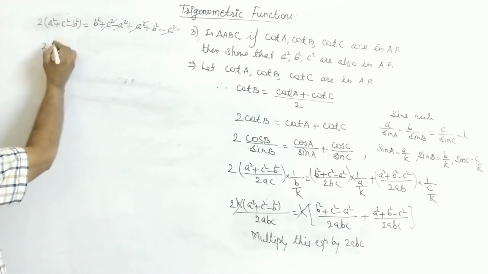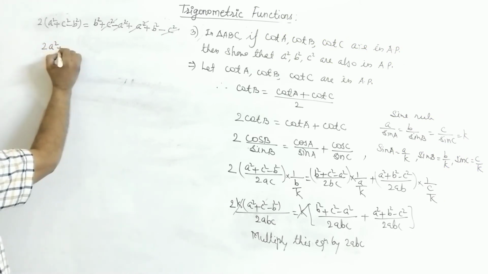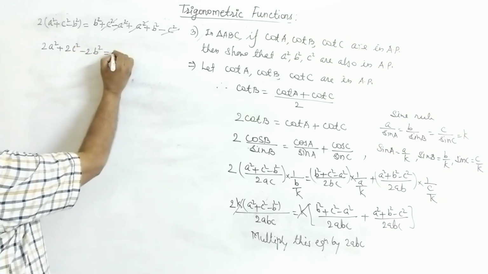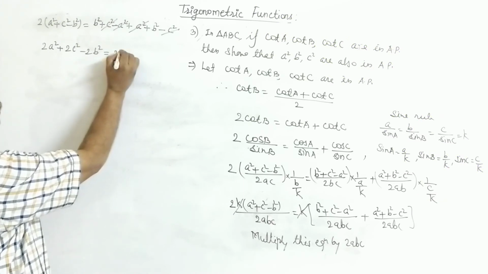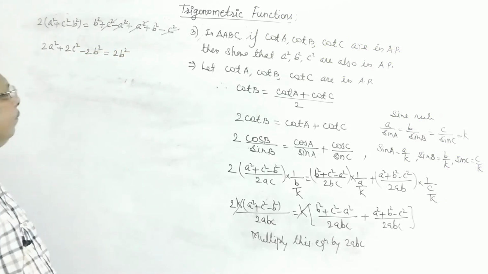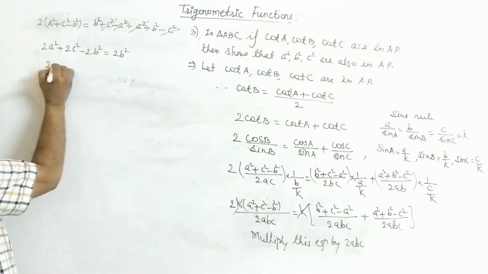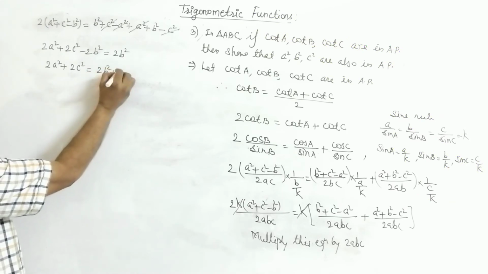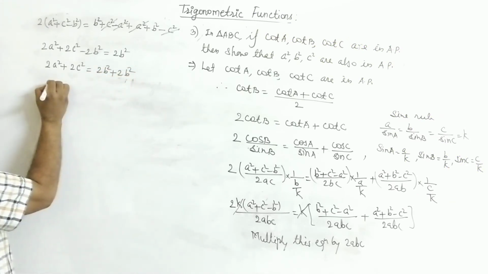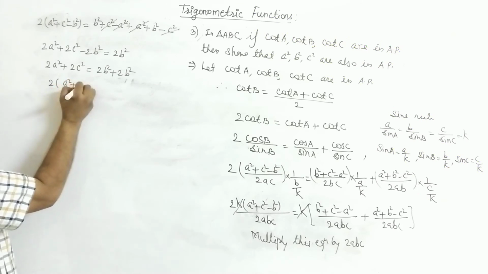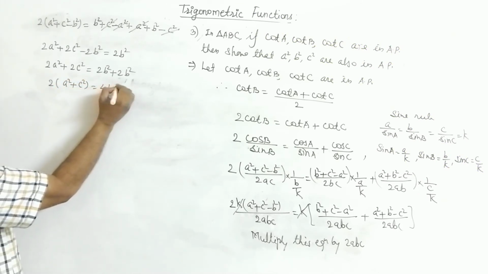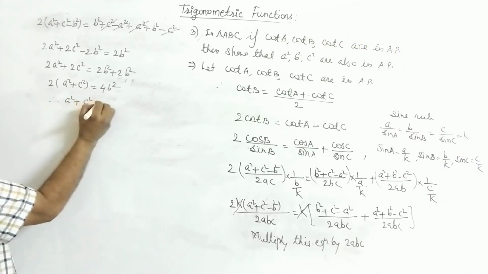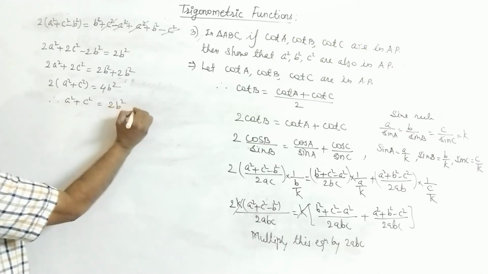It becomes 2 multiplied by 2a square plus 2c square minus 2b square is equal to b square plus b square is 2b square. So this 2a square plus 2c square is 2b square plus 2b square. Take 2 common, a square plus c square is equal to 4b square. Therefore, a square plus c square is equal to 2b square.